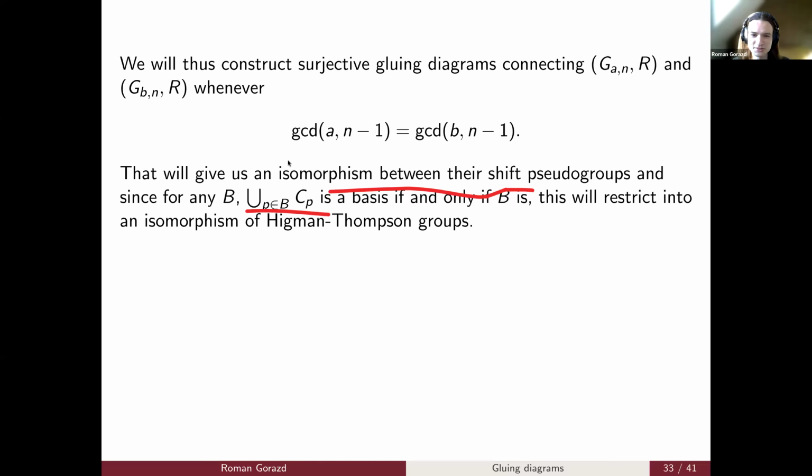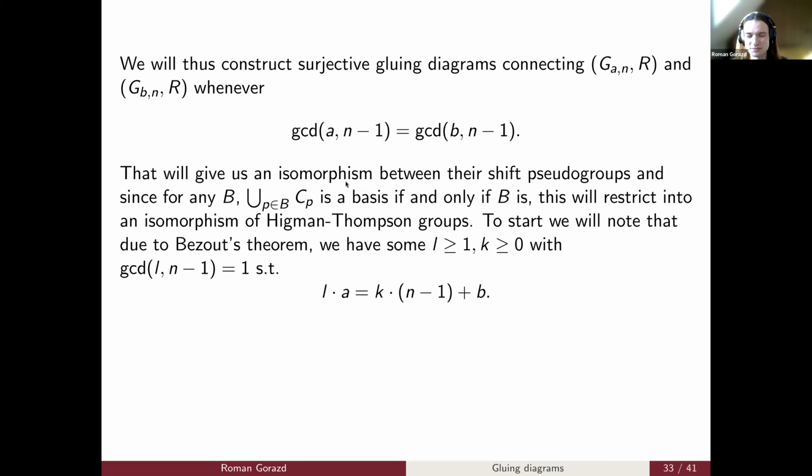I say I won't tell you exactly how those gluing diagrams that we will construct are actually surjective, but I hope it will be clear, or you will be able to prove it yourself.